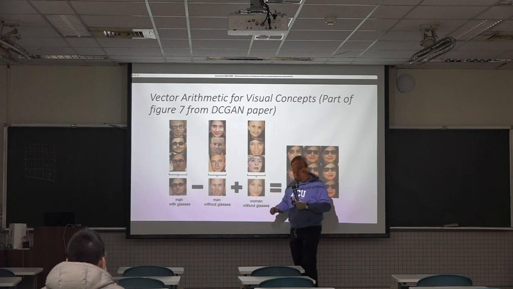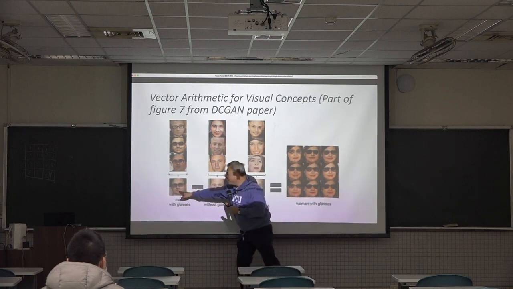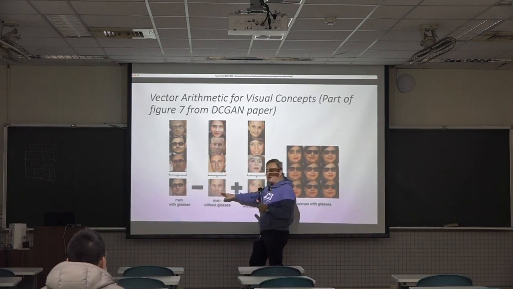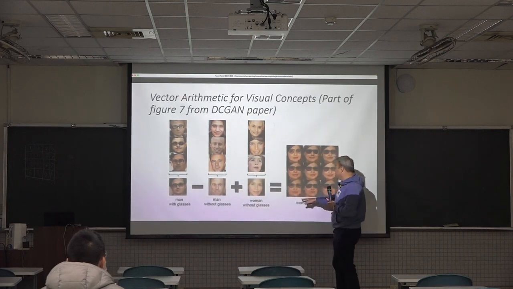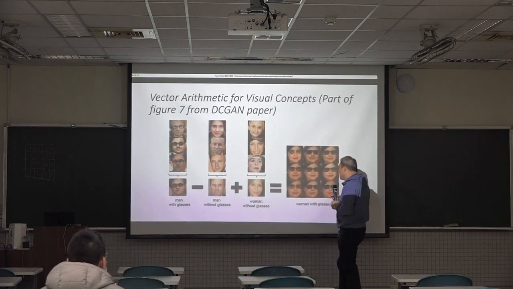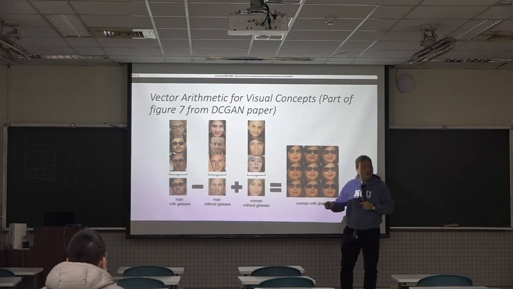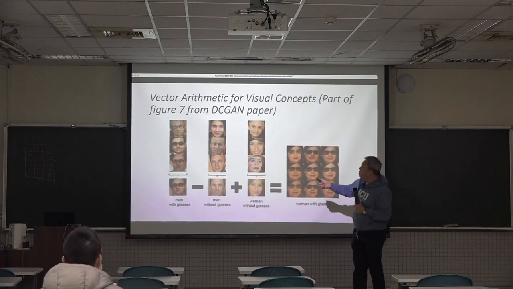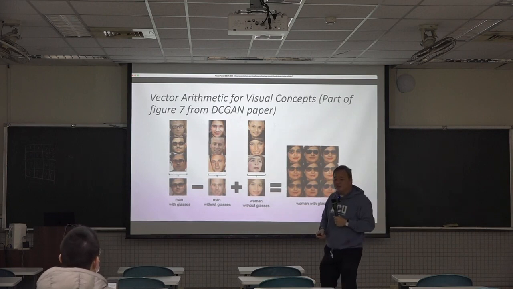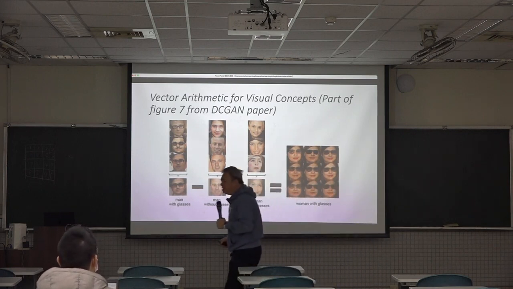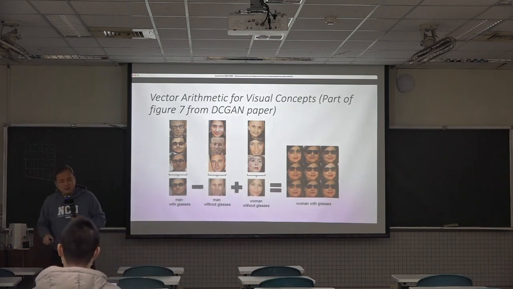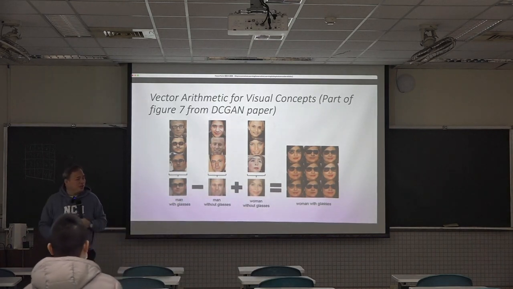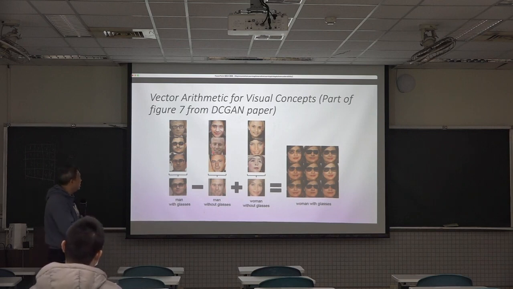You can even do arithmetics: male with glasses minus male without glasses plus female becomes female with glasses. Very interesting, right? This is called vector arithmetics. But you probably cannot expect that from a variational autoencoder, because the quality is not that great.